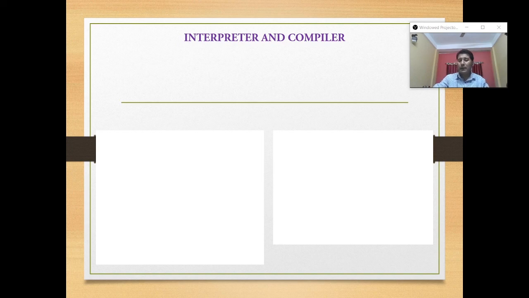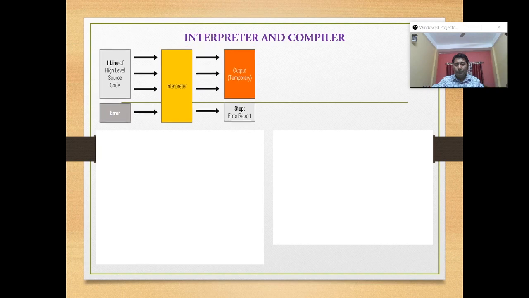The interpreter and the compiler work in a similar way, because as I have already said, the machine does not understand high level language that is written using English alphabets and mathematical symbols. So all this language needs to be converted into binary code, that is 0 and 1. This work is done by the interpreter and the compiler.